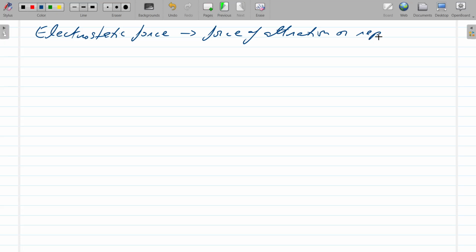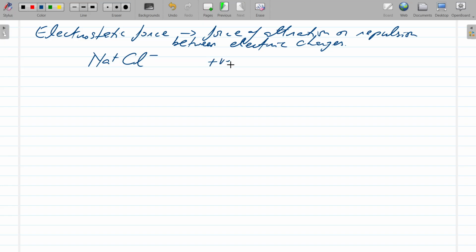Not magnets, that's magnetic forces. And so what you have over here, you've got sodium with a positive charge and chlorine with a negative charge, and positive and negative attract.